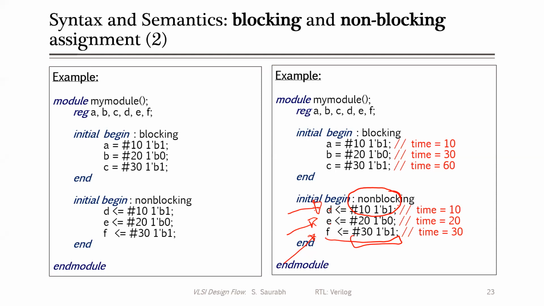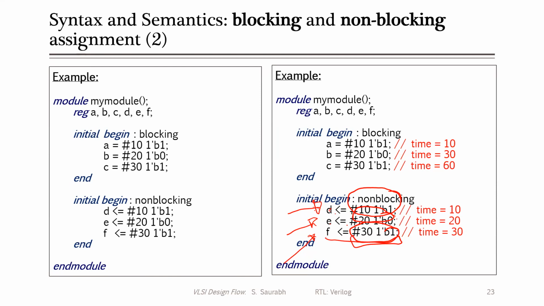This is how the non-blocking assignment is executed in simulation: the RHS will be evaluated and kept, and similarly for the next and the next. It will not wait for the execution to complete before moving to the next statement. That is what non-blocking means. Any questions?